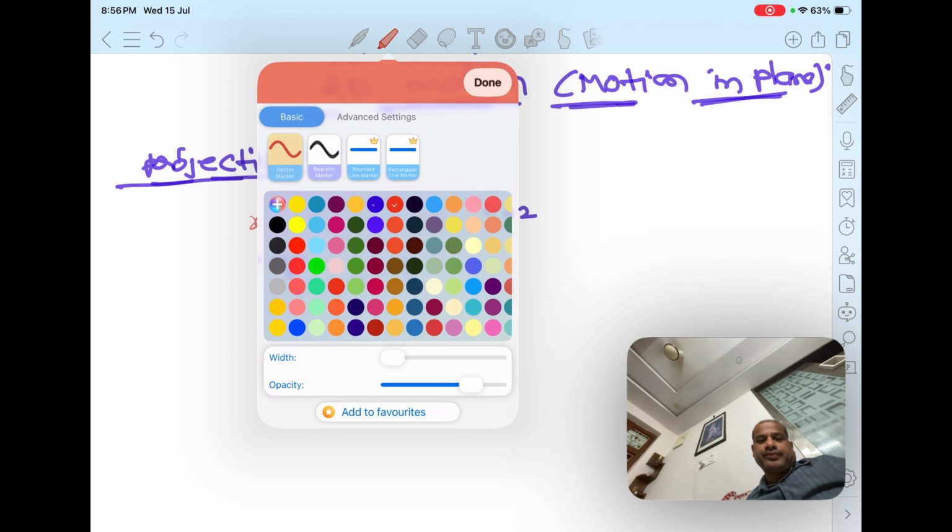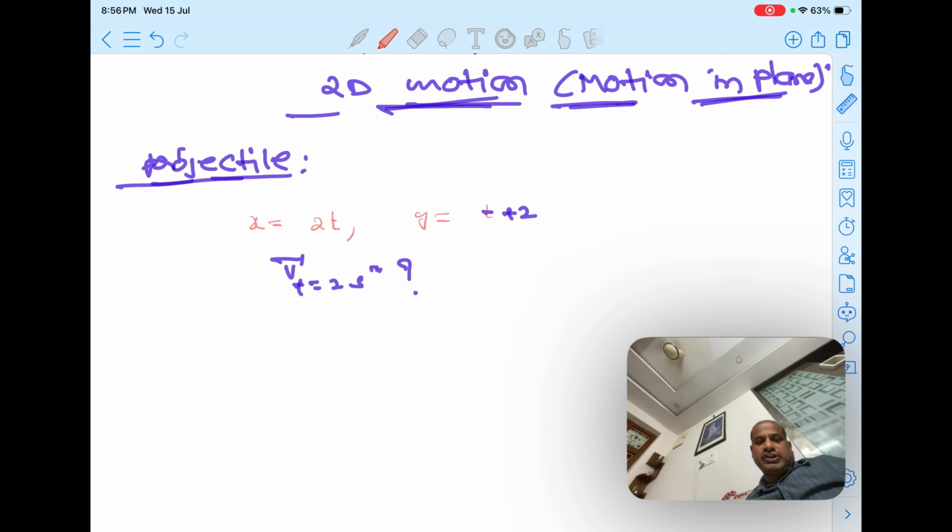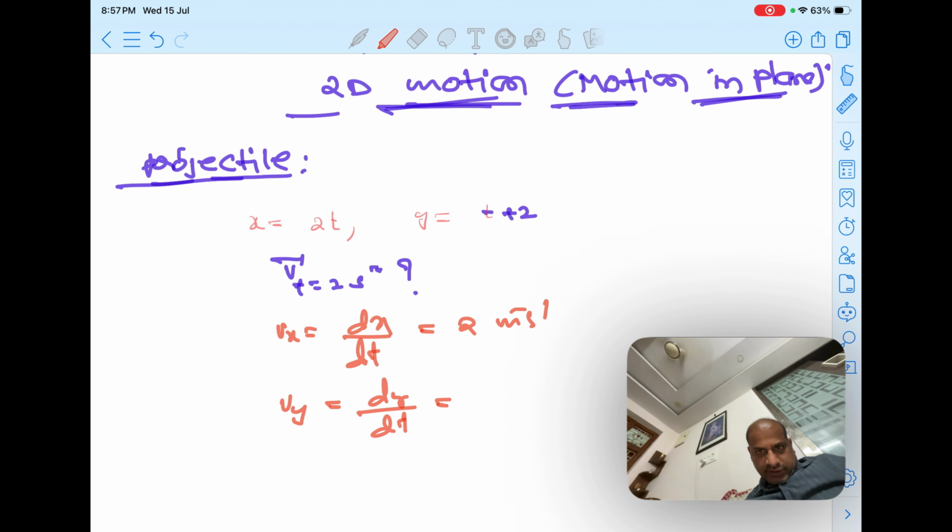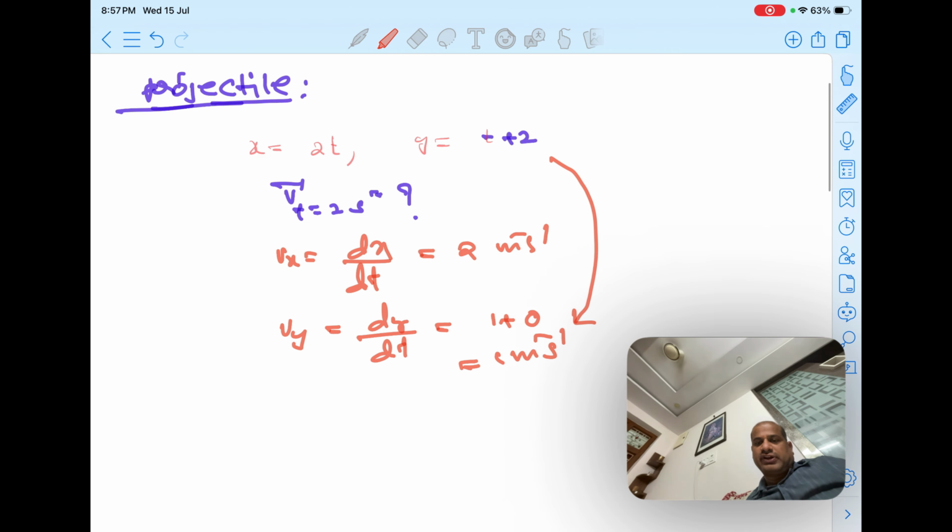If I ask you, so what do you say? Its x coordinate is changing, so the velocity in x direction we call dx by dt, and the y velocity dy by dt, that is 1 plus 0. How much? 1 meter per second. So the derivative of t is 1, and the derivative of the constant 2 is 0.